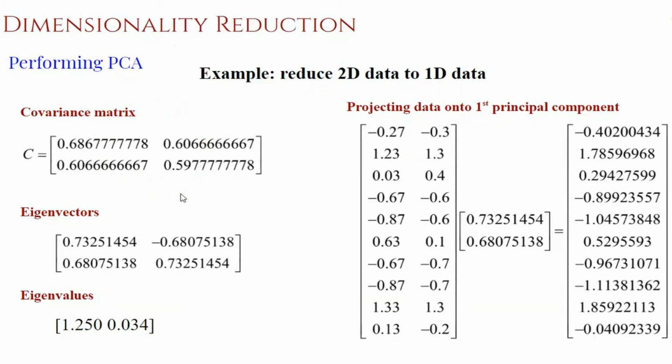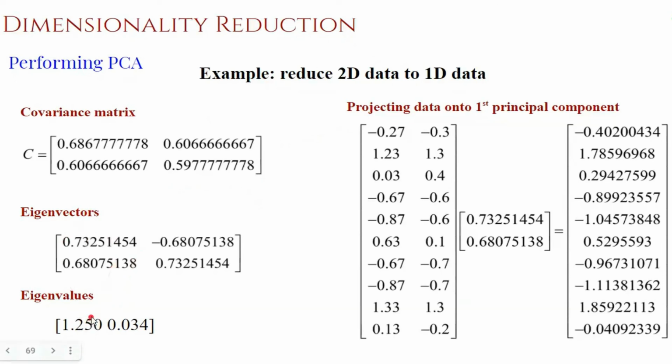So in a 4-dimensional data, if we are asked to reduce it into 2-dimensional data, what we will do is pick the 2 largest eigenvalues and pick their corresponding eigenvectors.